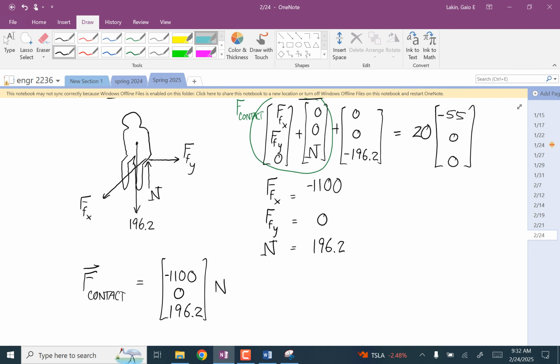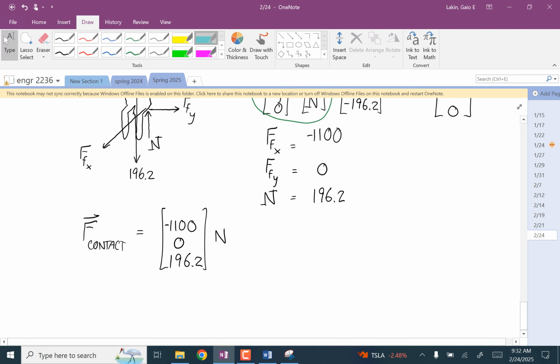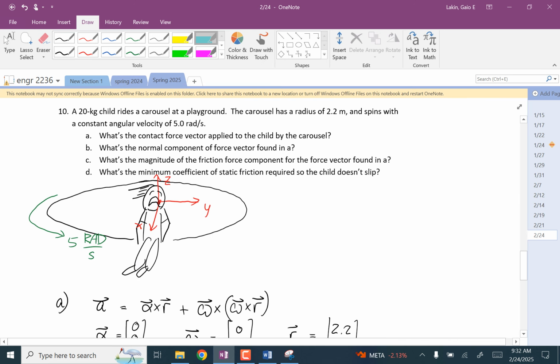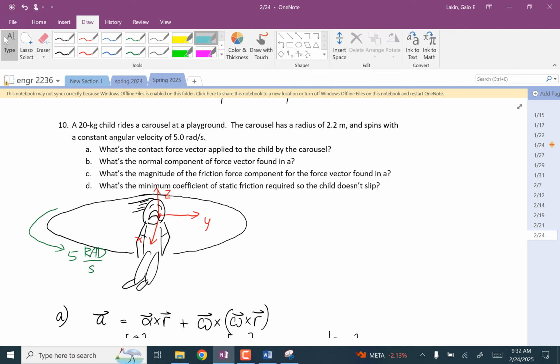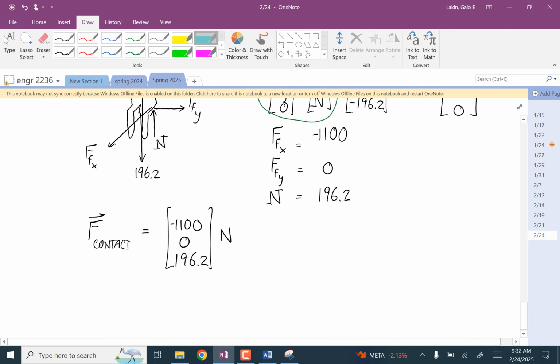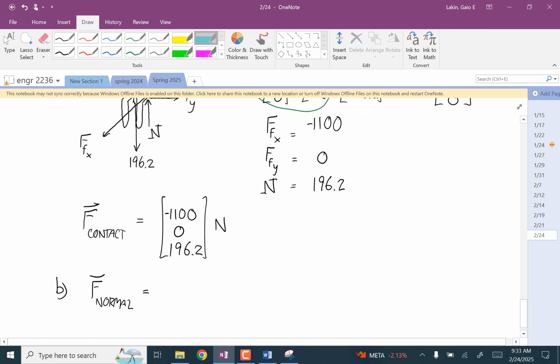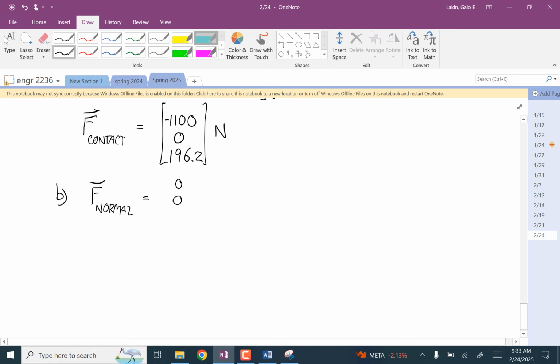Okay, so there's the contact force, and we've broken it up into a normal force and a friction force. And what's the normal component? Well, we kind of already did all this stuff. So B says this normal force is 0, 0, 196.2.